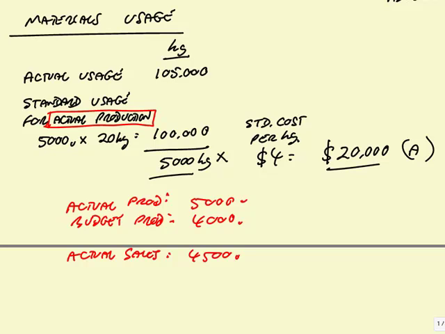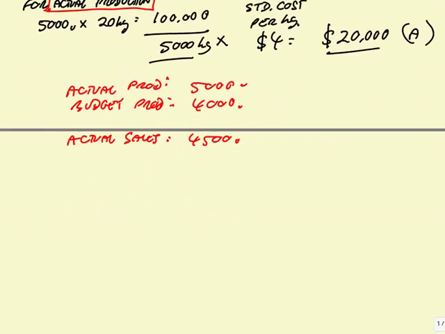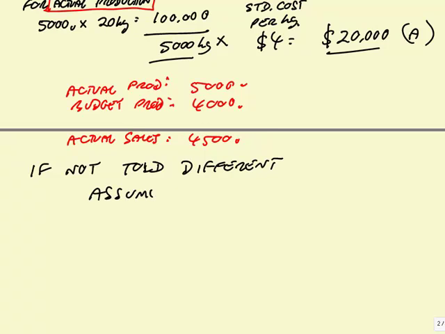Usually, though, he doesn't give you two separate figures. It should be fairly obvious what I'm about to write, but if you're not told different, then you assume that we used everything we purchase.